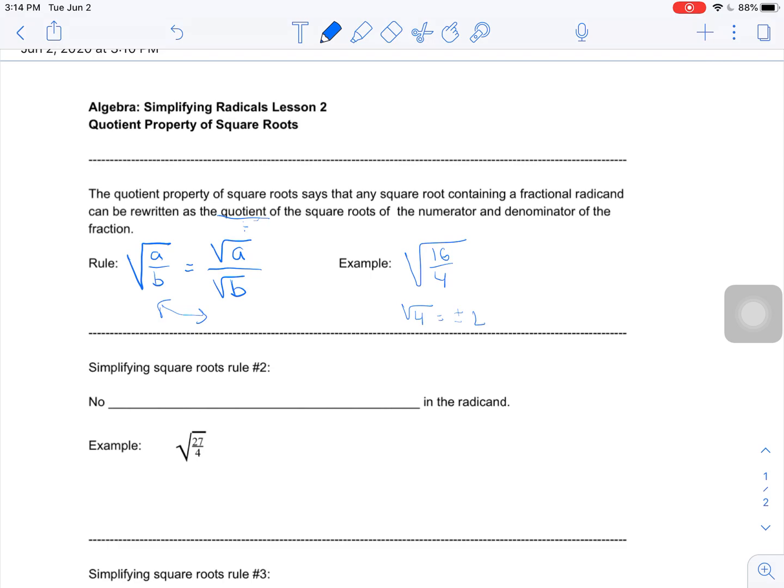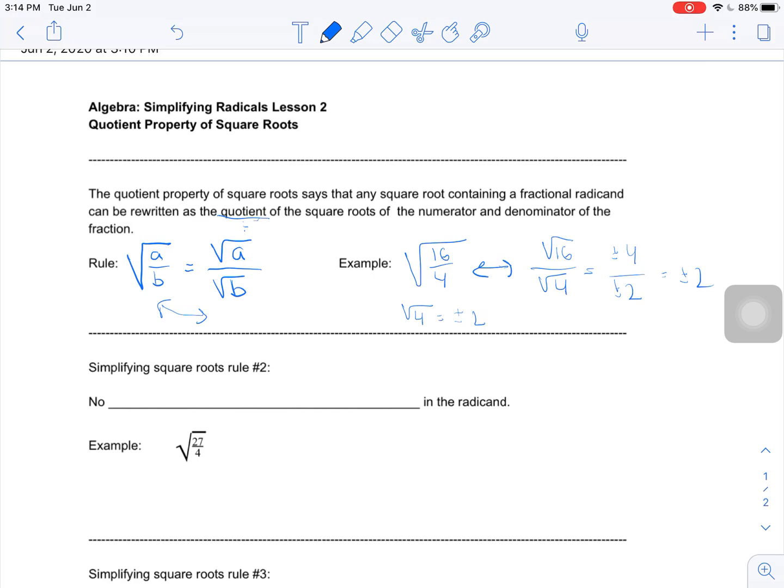Another way I could do that is to break it apart into individual square roots: square root of 16 over square root of 4. The square root of 16 is plus or minus 4, the square root of 4 is plus or minus 2, and 4 divided by 2 is 2. So I get the same answer no matter which of the two ways I do this problem. That shows you that it works.